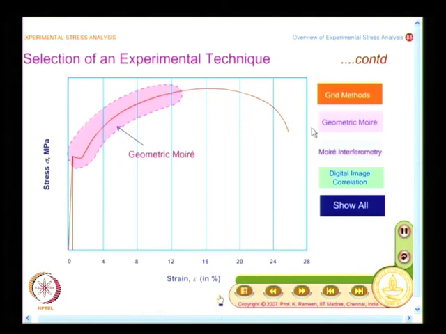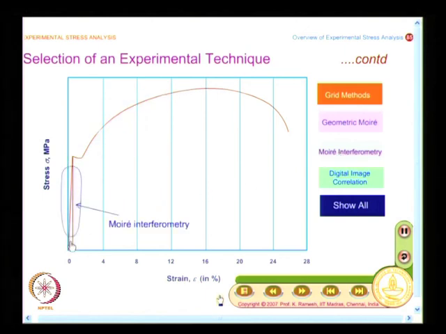The issue here is what is the range of strain that you are really looking at. Moire interferometry cannot measure very small strains, it can go down, but it cannot go close to 0. These are pictorial representations, numbers are not given. So, you find that this is the range that you are really working with in moire interferometry.